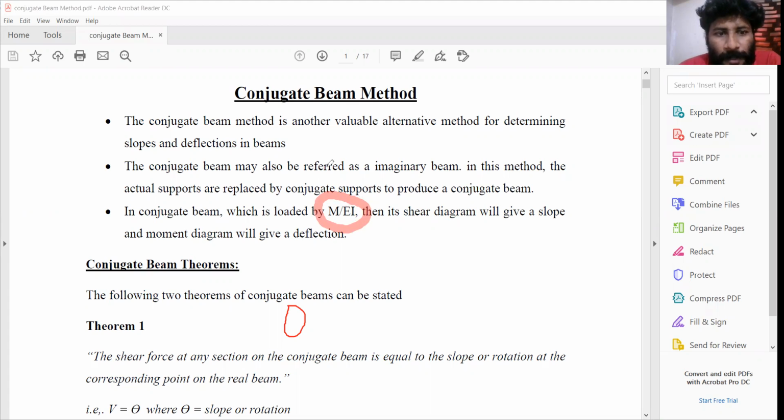Suppose a simply supported beam has different EI values; the corresponding bending moment diagram divided by EI is the M by EI diagram. Then we have to find the shear force diagram and bending moment diagram at different sections in the imaginary or conjugate beam, which will give the slopes and deflections in the original beam. We'll discuss these concepts in theorem 1 and theorem 2, so we'll move on to theorem 1 and theorem 2.